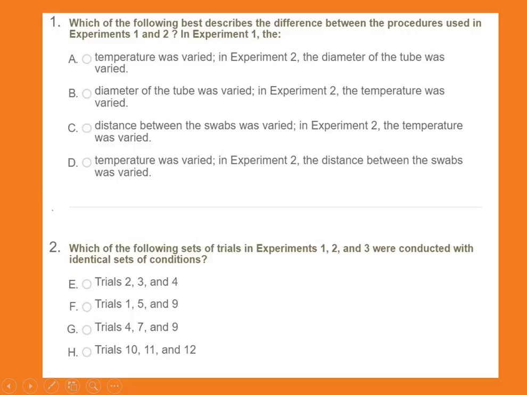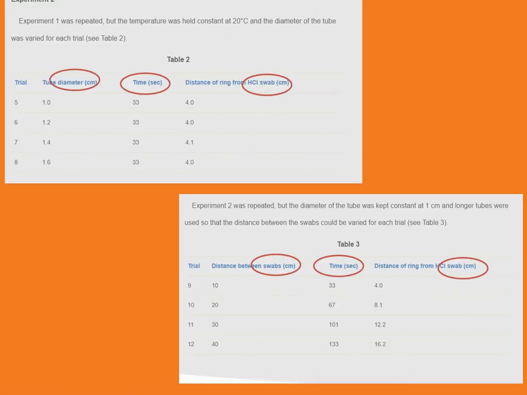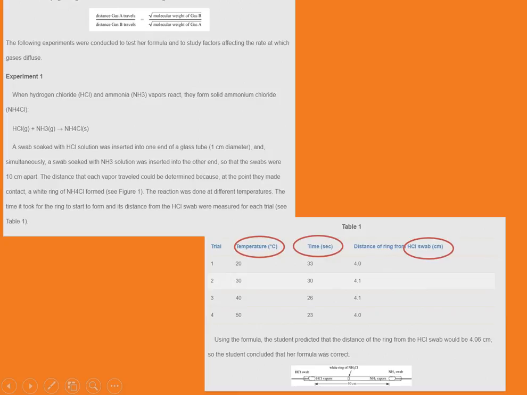Question 2, and we're only doing 2 questions because it's the same process for every single one. If you get those 3 steps done, you're not going to have any issues. So which of the following sets of trials in experiments 1, 2, and 3 were conducted with identical sets of conditions? So we're going to look at table 2, table 3, table 1.